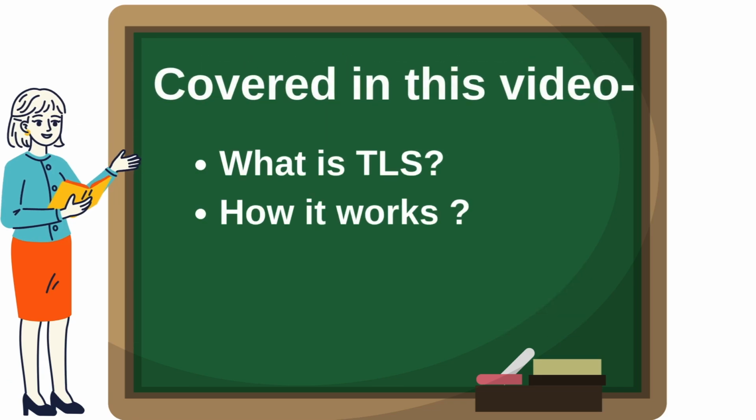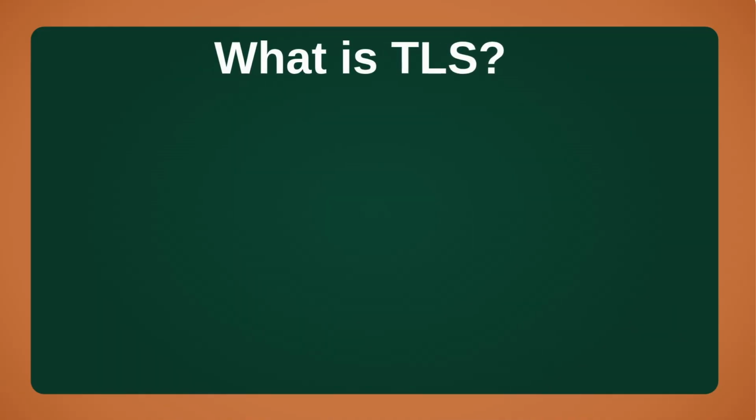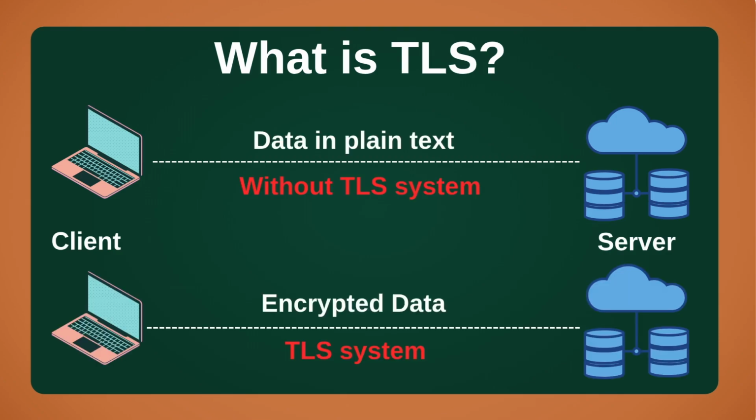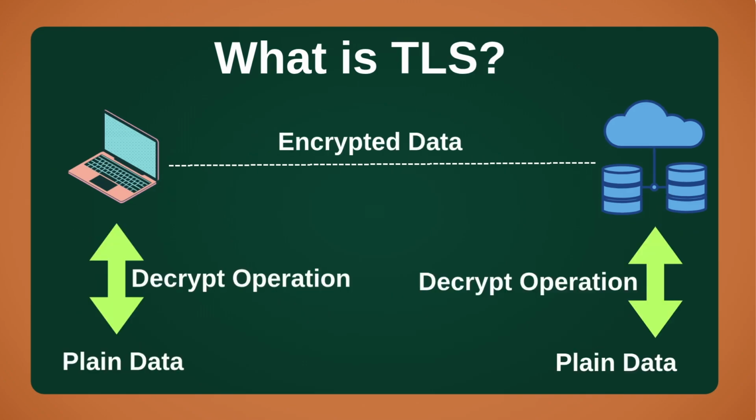So topics which we will try to address are how TLS works, what are its types, and how safe it really is. Okay, so what is TLS? Transport Layer Security. TLS is a cryptographic protocol that ensures secure communication between two systems over the internet. TLS achieves this by using encryption algorithms, digital certificates, and a process known as the TLS handshake.